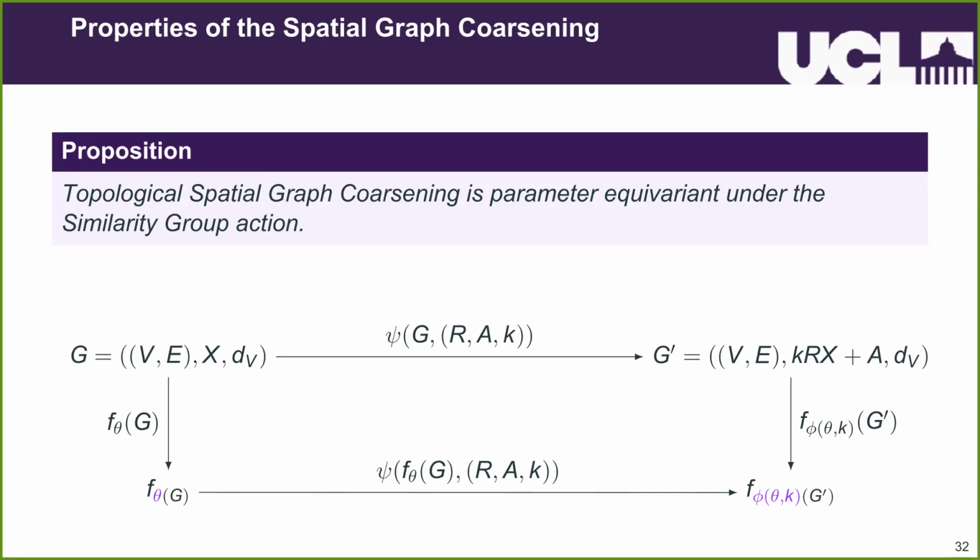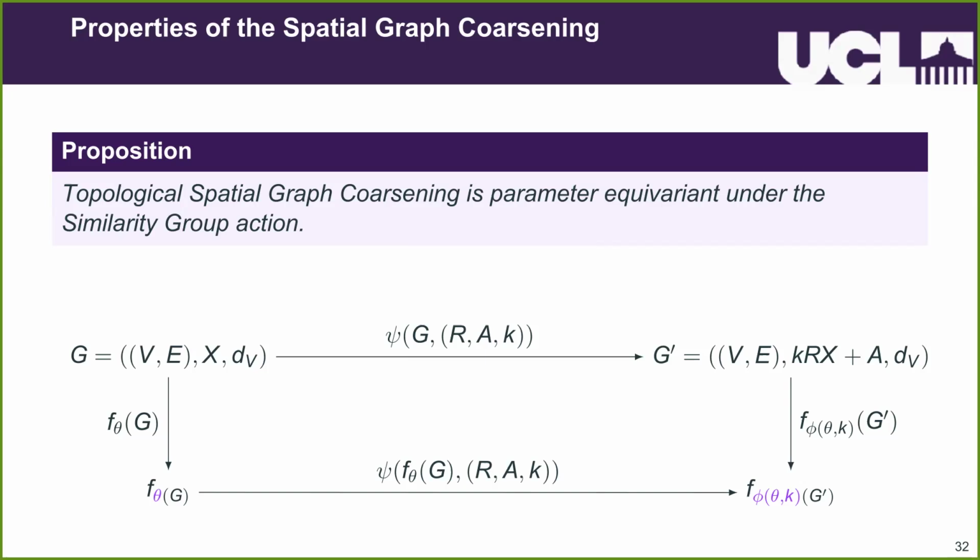So I apply my method, I have an optimal theta, and I coarsen my graph. I obtain a coarsened graph at theta of G. If I receive the same graph under this group action, so it has been, for example, rotated or scaled by the given K, then I'll obtain exactly the same graph where the parameter has been scaled.